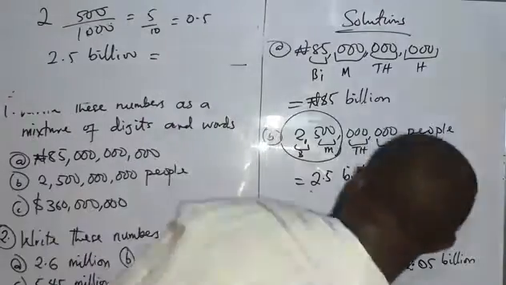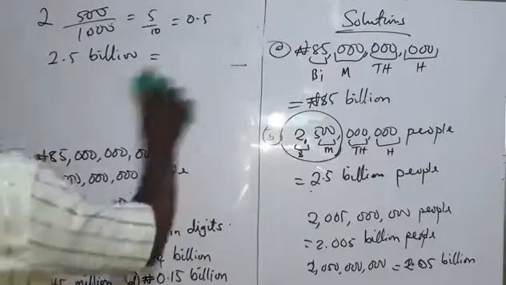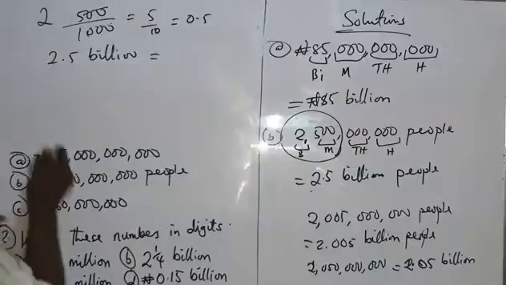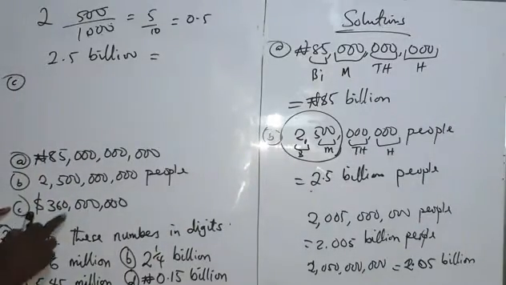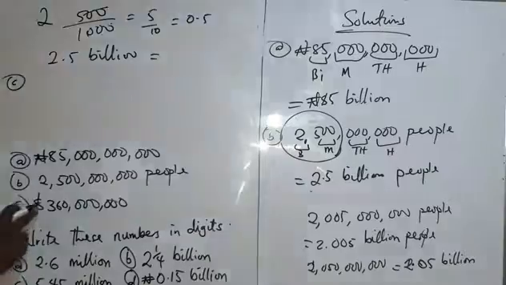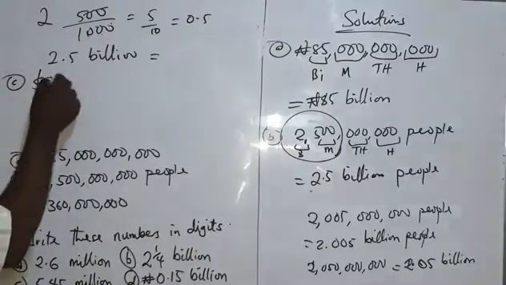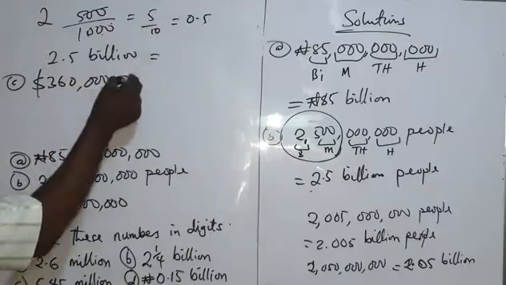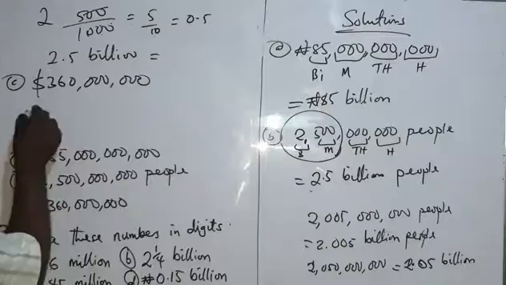Then the C aspect of it. Let me raise this side. The C, which is 360,000,000. 360 million. So we want to write this.